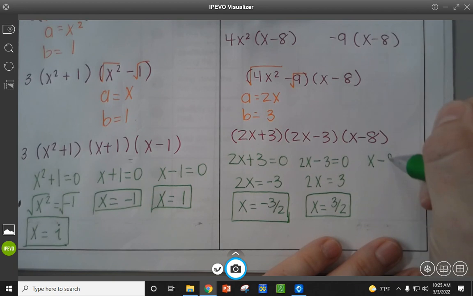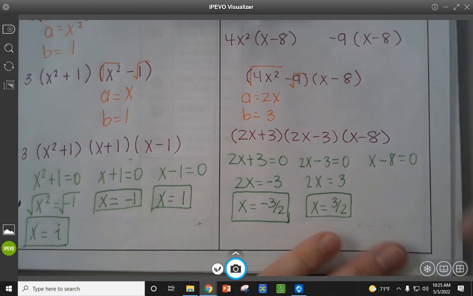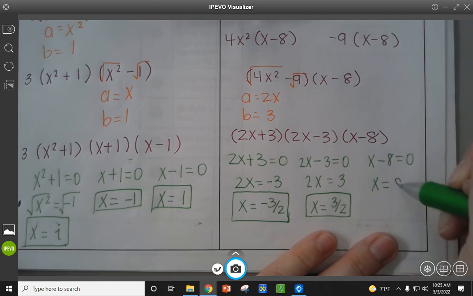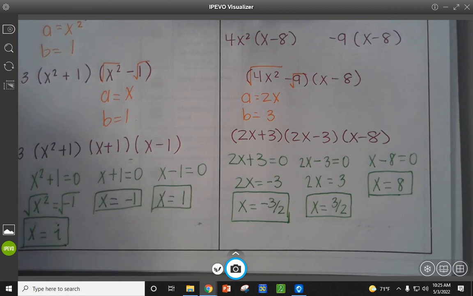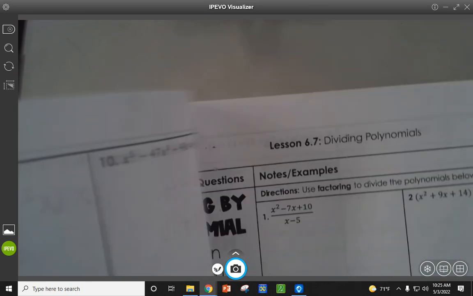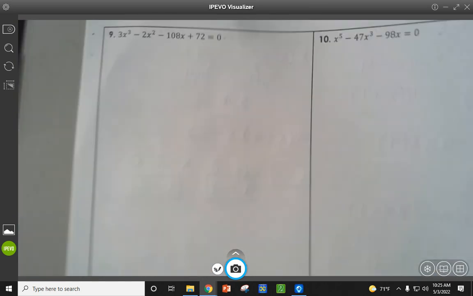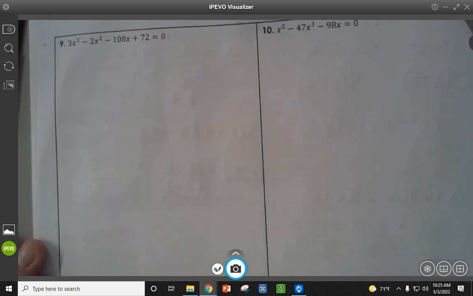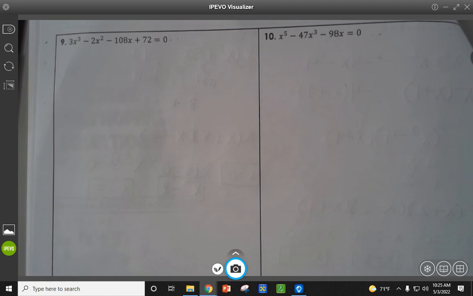And we also have x minus 8 equals 0. If we add 8, we get x equals 8, and we're done. Now the reason we haven't done any of the cubes is because those actually require the quadratic formula to solve. And these last two will have that, so we're not going to do 11 and 12.